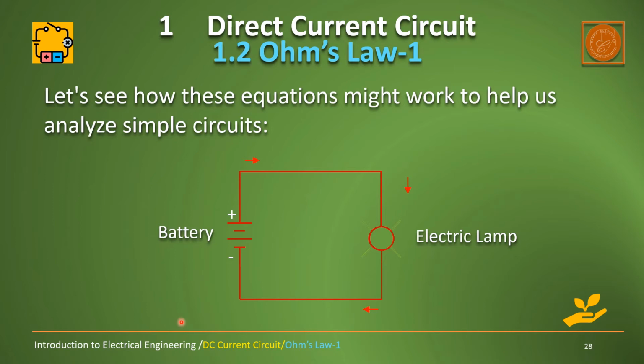We know this circuit is running like this: the battery pushes electrons through the resistor and back to the battery. If we know the values of any two of the three quantities, voltage, resistance, and current, in this circuit, we can use Ohm's law to determine the third one.